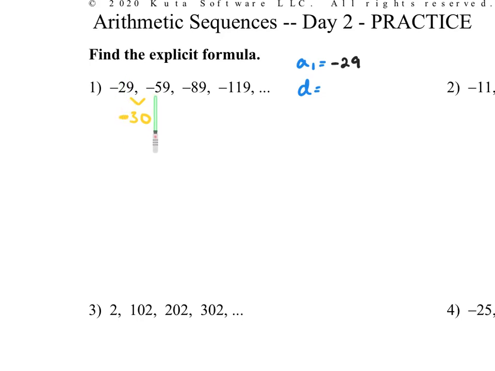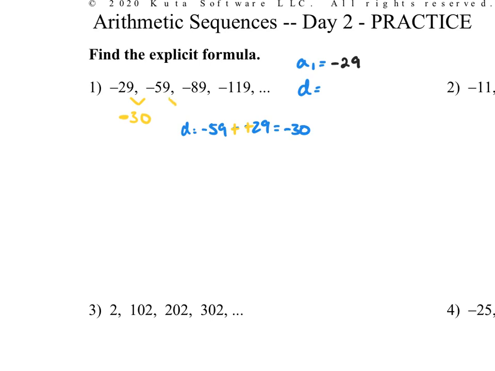So if you had gone negative 59 minus a negative 29, 2 negatives would make positives, and you'd get negative 30. That is one way to find what the difference is. So if you don't see it, that's an easy way to find the first one.